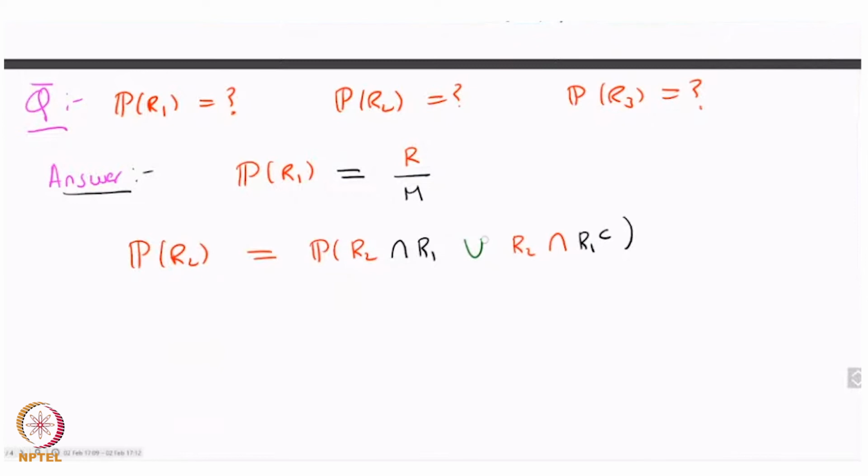In the first draw red could have been chosen, or red may not have been chosen. Now these are two mutually exclusive events. This event happens and this event cannot happen. They are mutually exclusive.